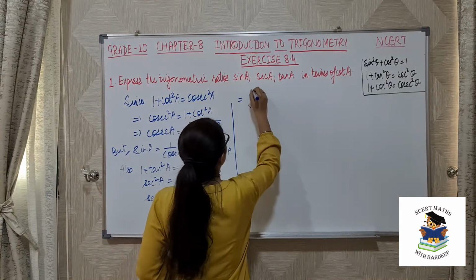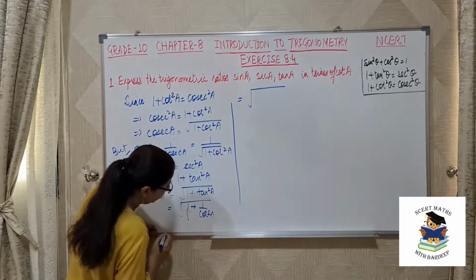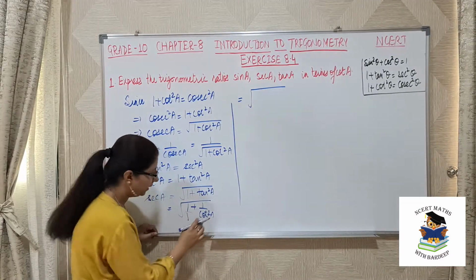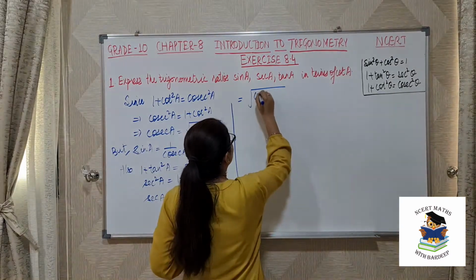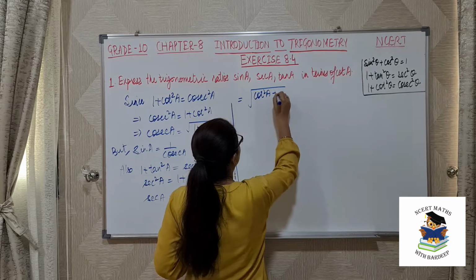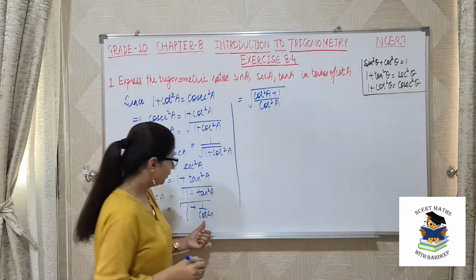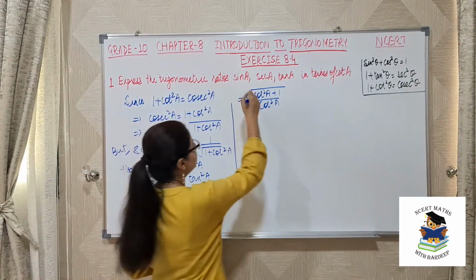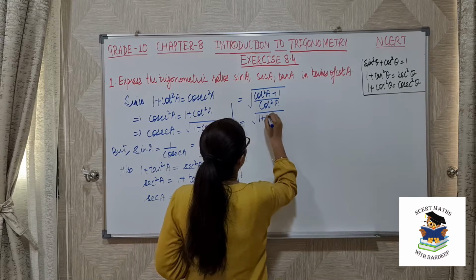Here it is 1, we will take the right denominator also 1, take LCM of 1 and cot square A. So we'll multiply with cot square A on both sides. So this will be cot square A plus 1 over cot square A.